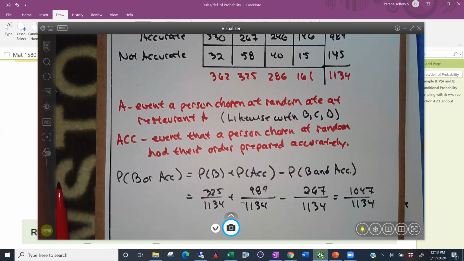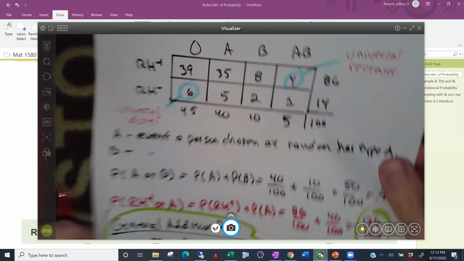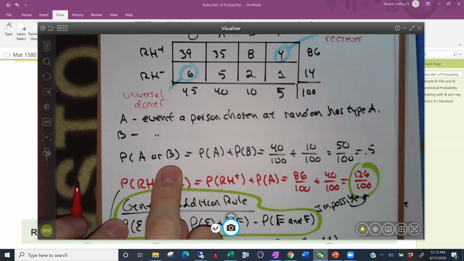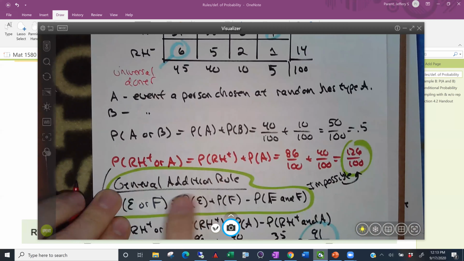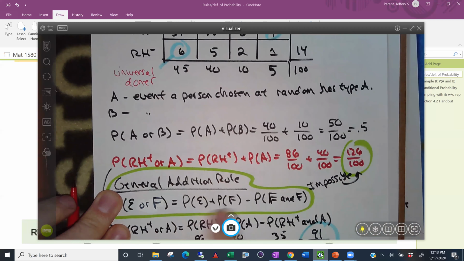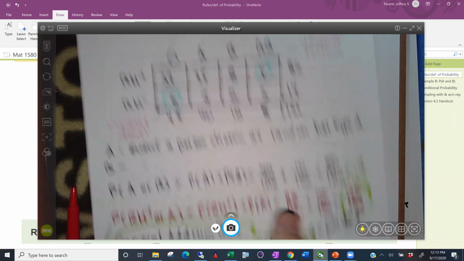So in our very first example, way back when in this section, we calculated the probability of A or B just by adding up these two probabilities. What this rule seems to suggest is I needed to subtract off the probability of A and B. But you know what?